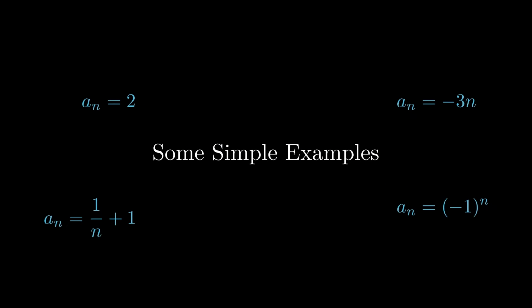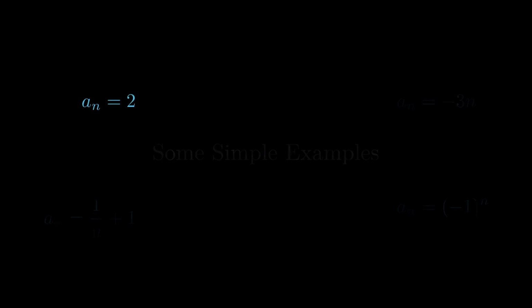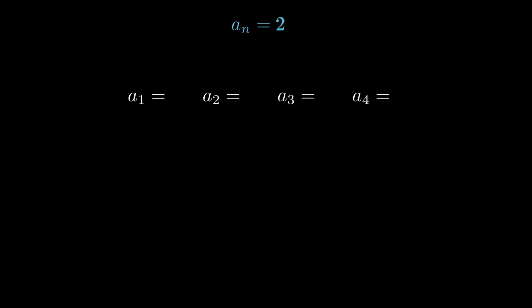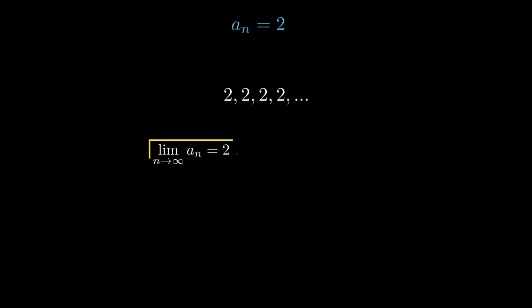Now, let's look at 4 simple examples. Example number 1. If the formula of the nth term equals 2, it means that a sub 1 is 2, a sub 2 is 2, a sub 3 is 2, and a sub 4 is also 2. So the limit of this sequence equals 2 and it is a convergent sequence.